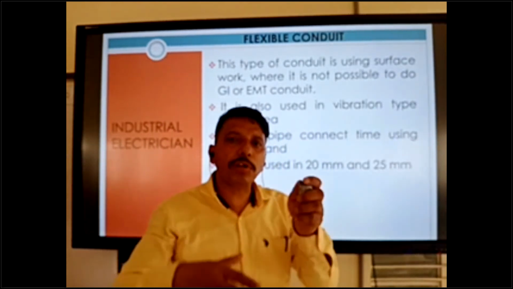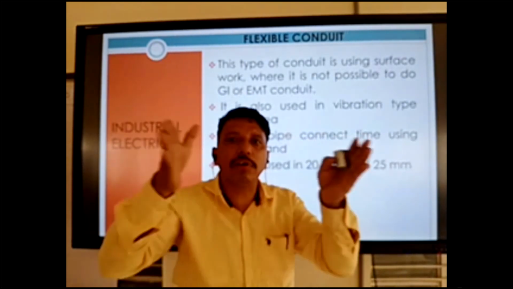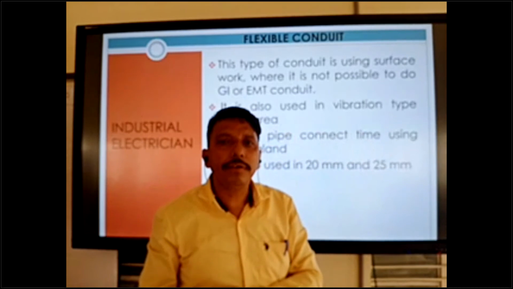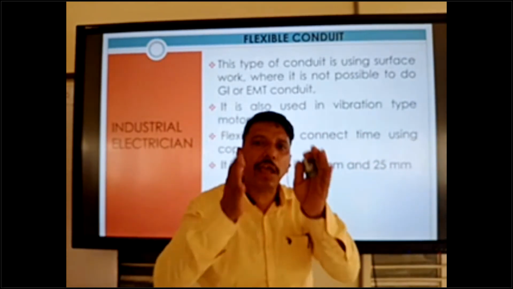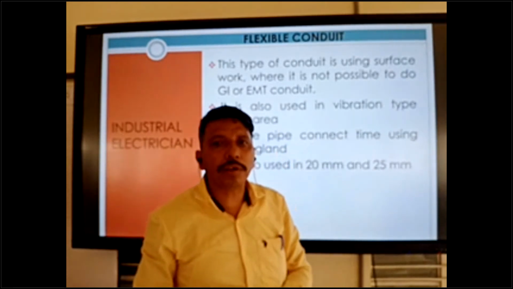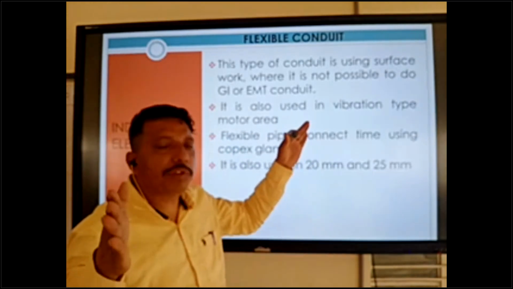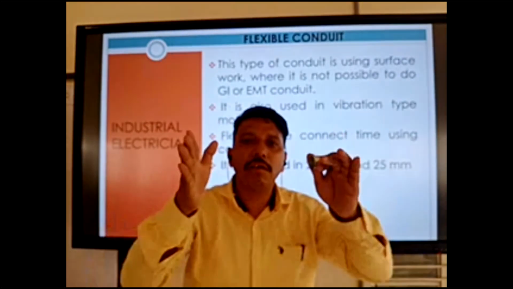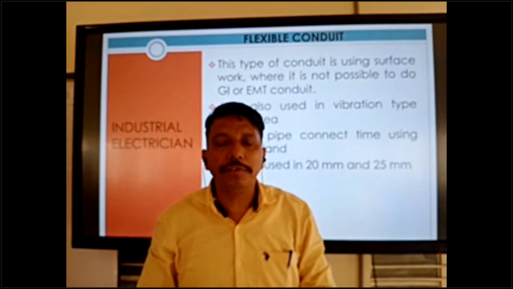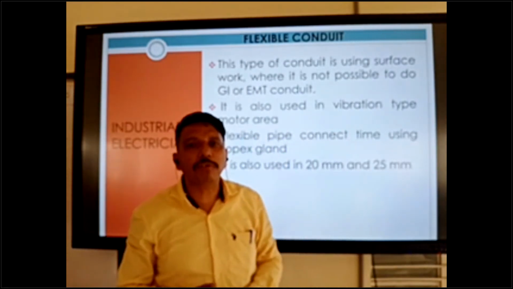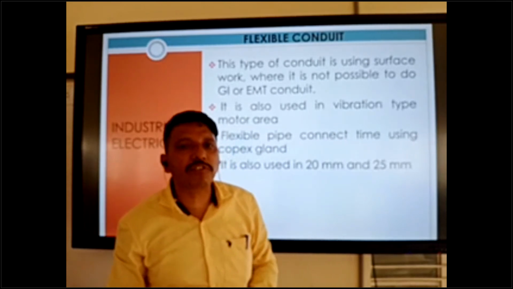So if the motor is vibrating, this pipe does not give room for the vibration, and that means your equipment, your motor, is damaged and not working well. So in motor vibration areas, we can mostly use flexible metallic pipe. This is also called Copex pipe. Another name is Copex pipe.